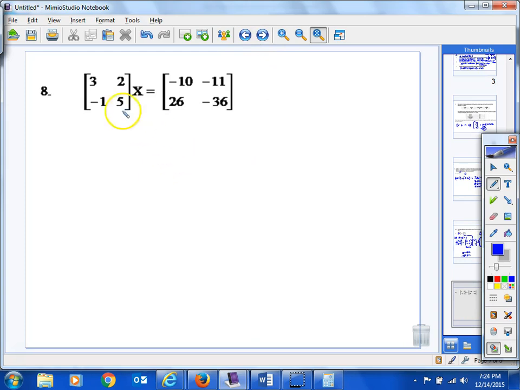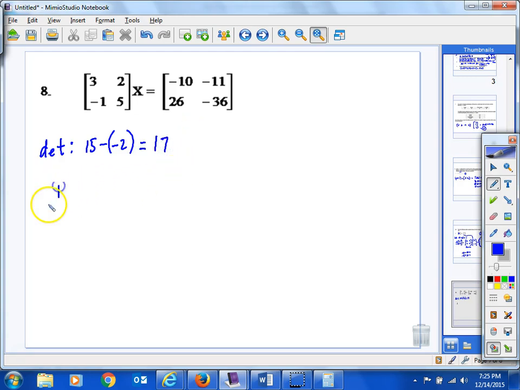All right, same thing here. We need to find the inverse, so first find the determinant. Multiply this way, 3 times 5 is 15, minus -2, and so the determinant is positive 17.